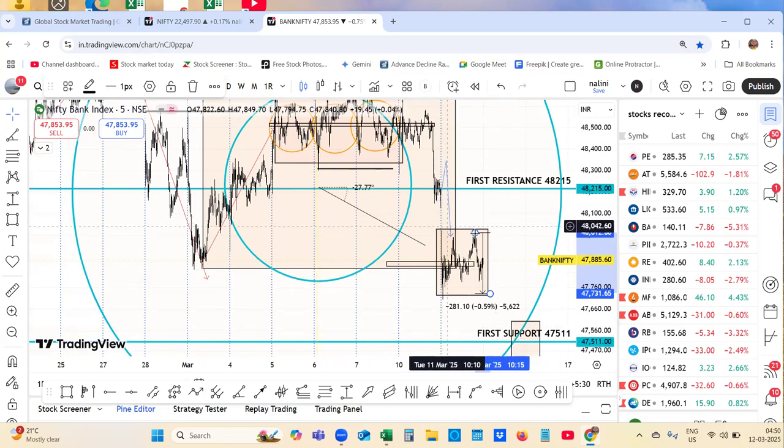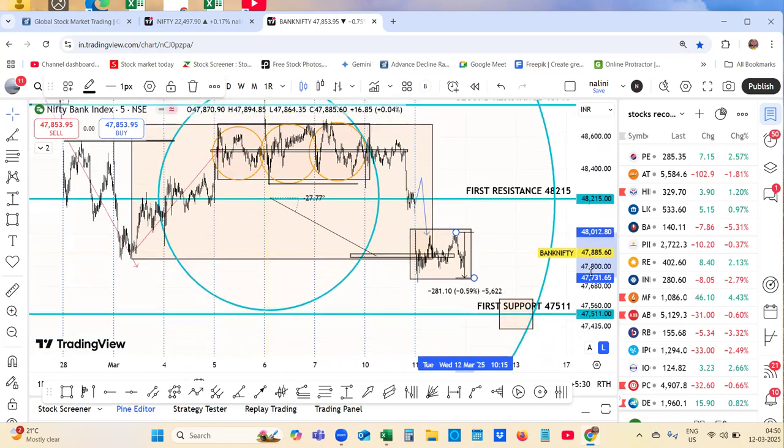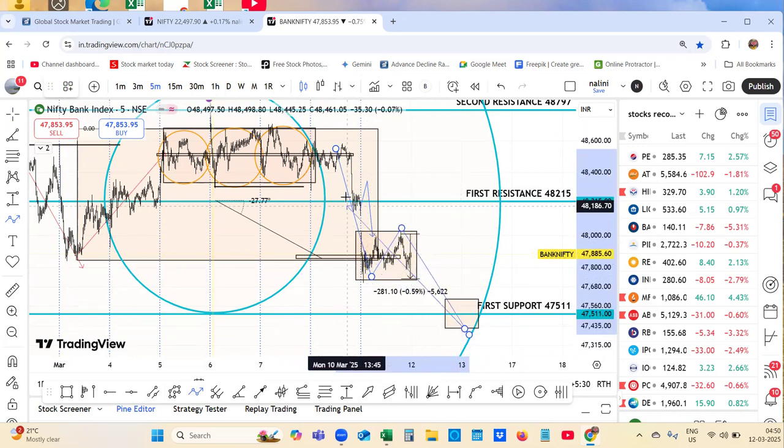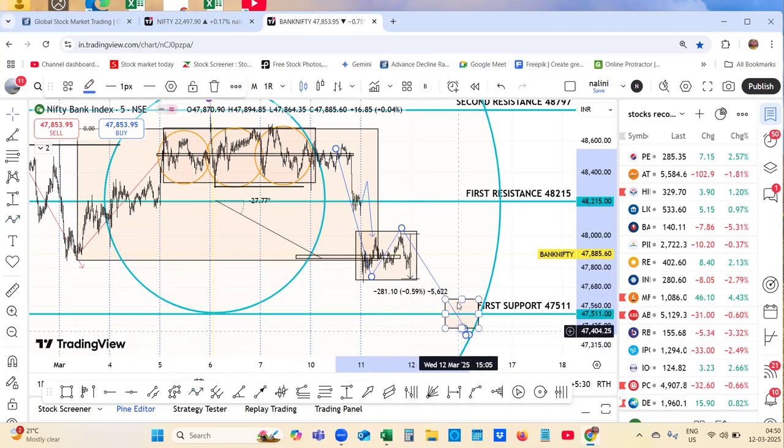It may continue. Whether it is an ABCD pattern, let us check. If it is a measured move of 100, let me measure this move.